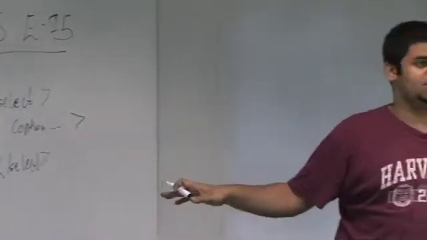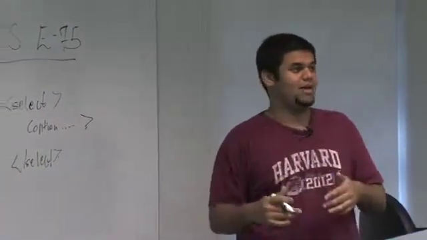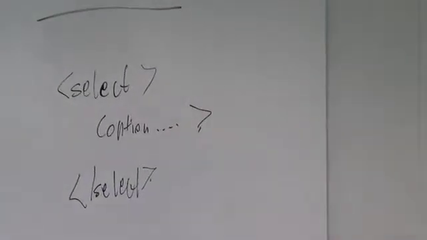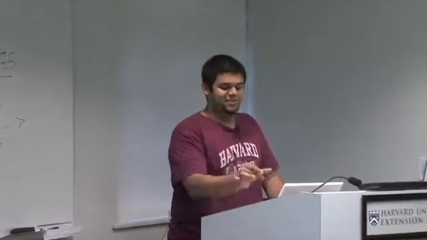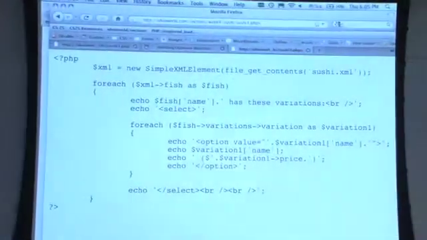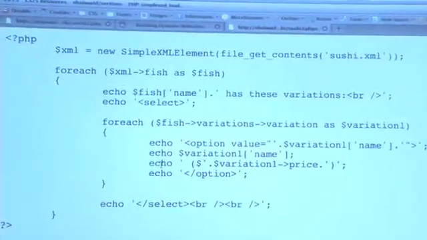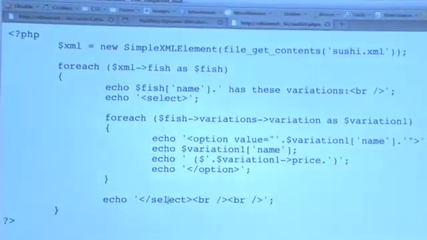This is the rough structure of the select command, which is basically just a drop-down menu. So it constructs the same thing. It says option value equals variation 1 of name, and then echoes variation 1 of name, and so on until it finally closes the select with a couple of break lines.